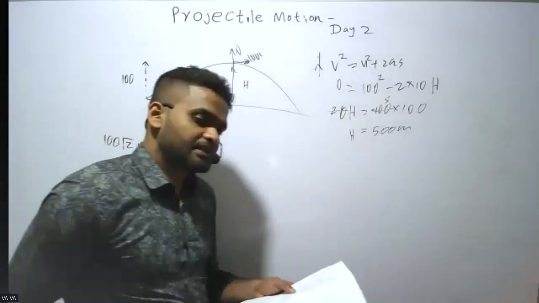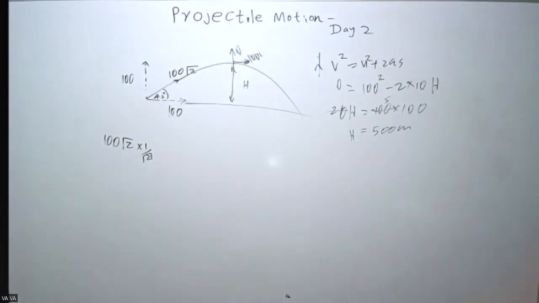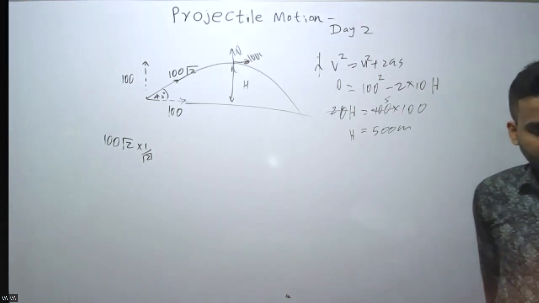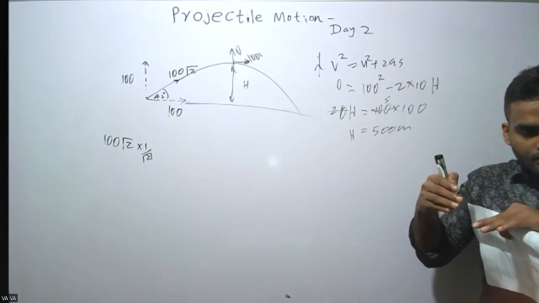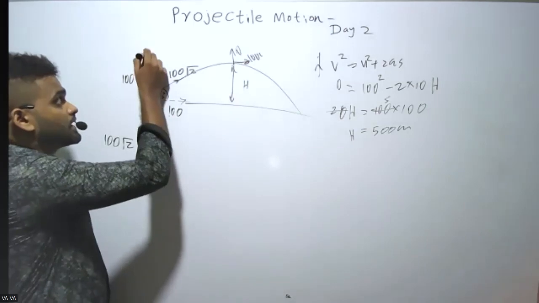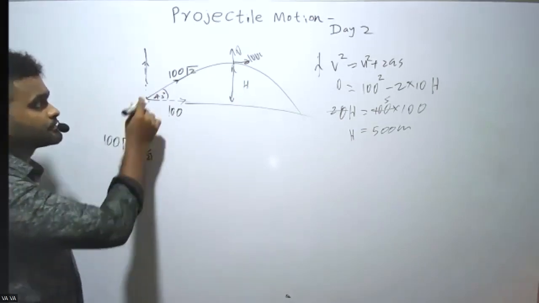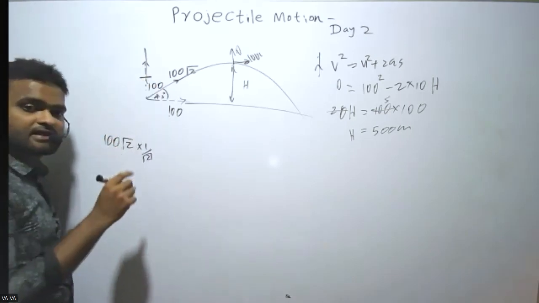So within the third second, at the last class I discussed that it is not after the third second, right? What they ask is within the third second. So that is 1 second, right? Vertical height. So what is the third second?